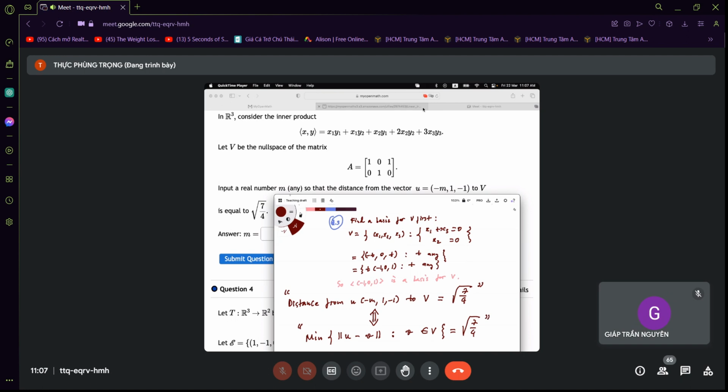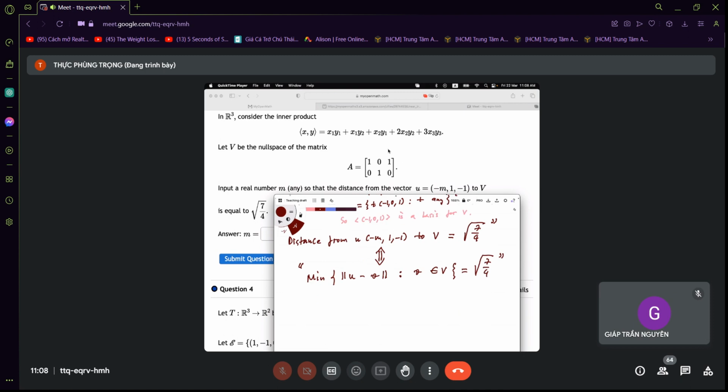So you want the distance from u to V to be equal to this number. Then of course, it is the minimum of the norm of u minus v, right? So yeah, let's see what you have.